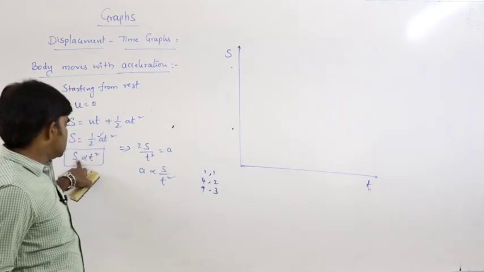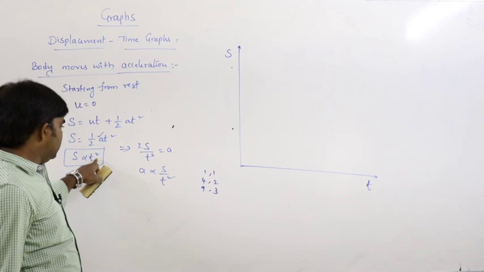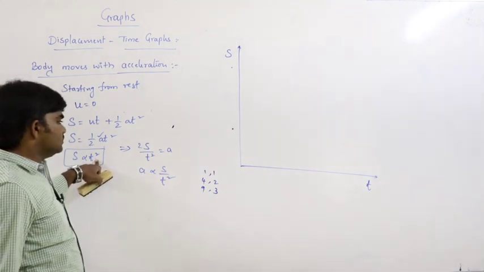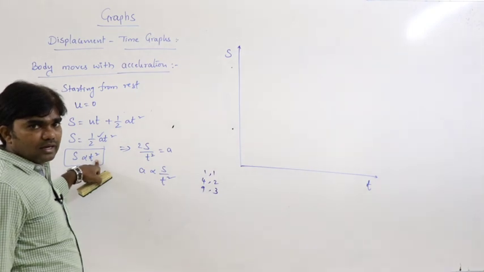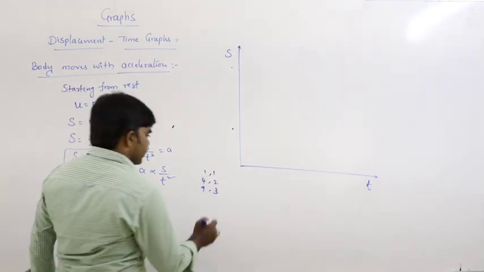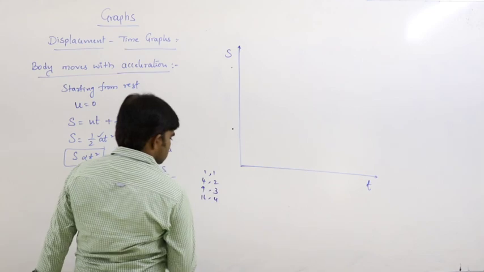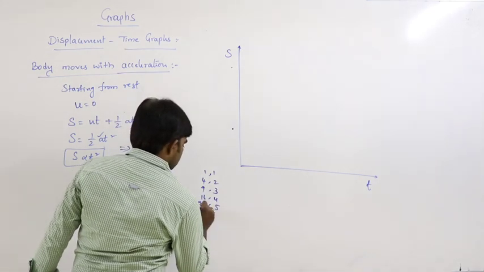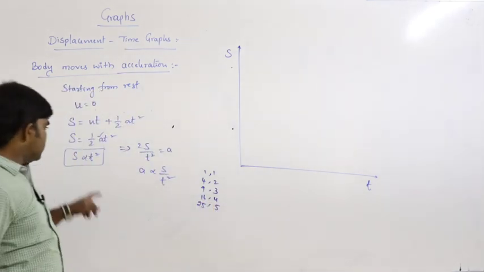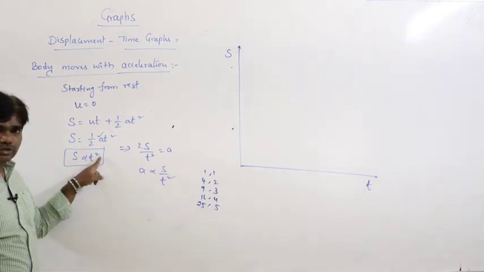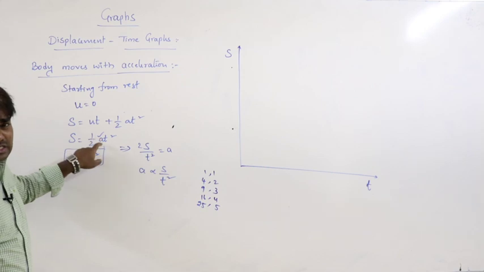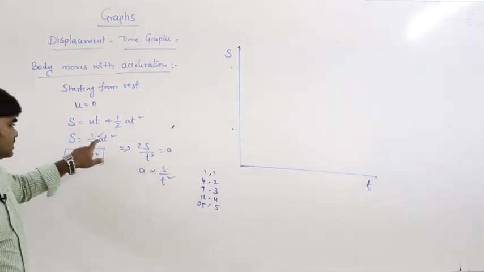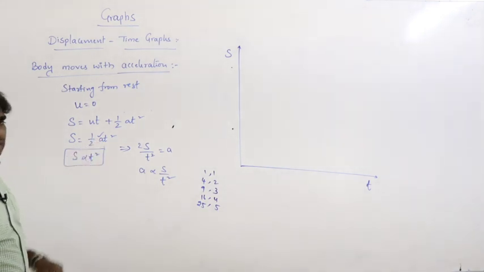Because s is along y axis, t is along x axis. If y component is 4, this is 16, this is 5, this is 25. Because we are drawing the graph s proportional to t square. See here, this is the condition for constant acceleration. If acceleration remains constant, then s proportional to t square.